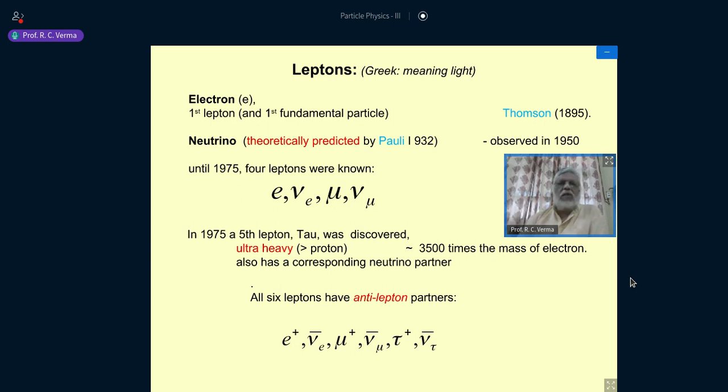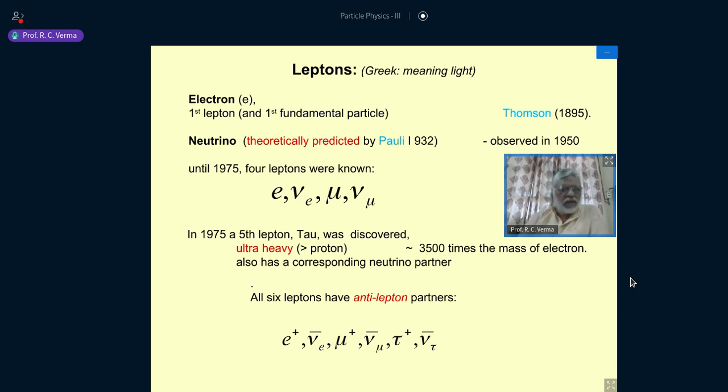So they participate only in electromagnetic and weak interactions. And as I've shown you before, the electron was the first lepton or first fundamental particle. It is the lightest fermion which seems to be stable, because if the electron is not stable, then charge conservation would be in danger.